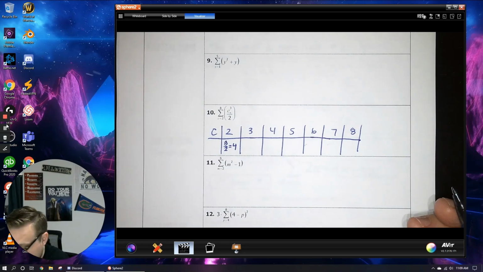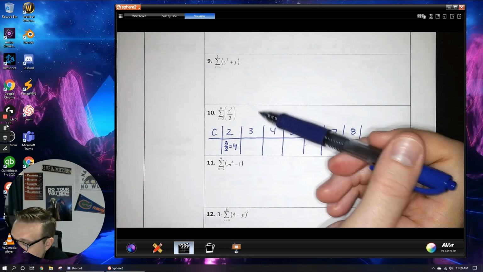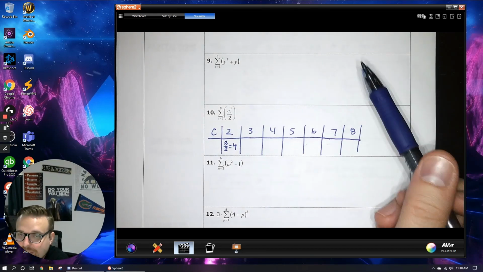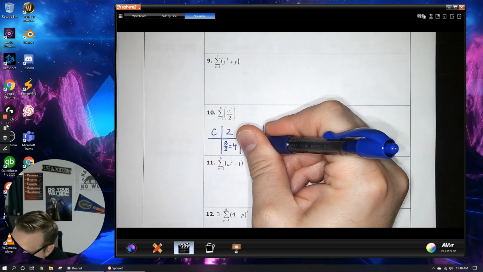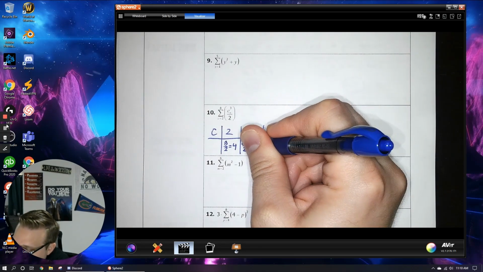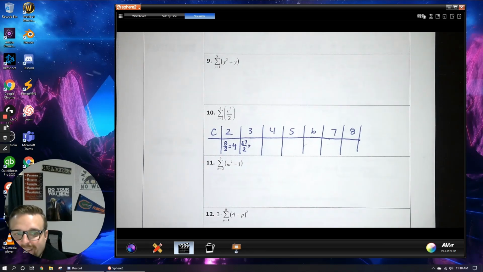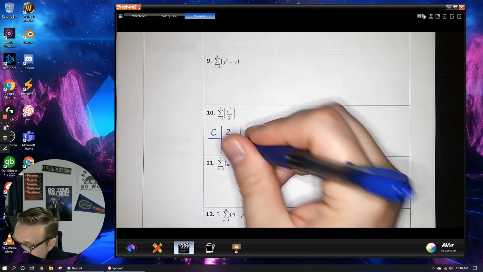Let's go ahead and plug in 3. 3 cubed is 27. 3 times 3 is 9, and then times 3 again is 27. So 27 over 2. Ouch, that's not a nice clean number to look at. I'm going to tell you that you can use decimals, okay? So half of 27 is 13.5.